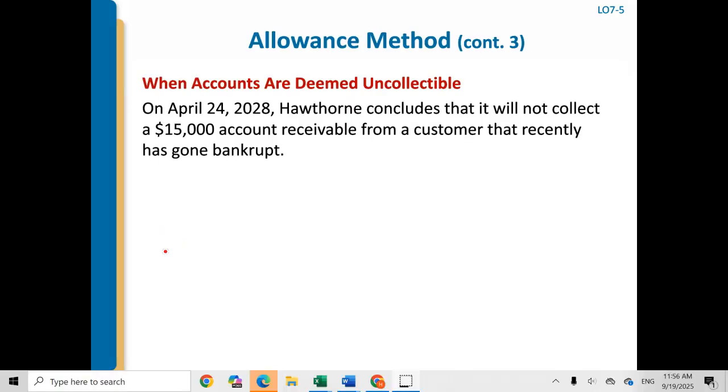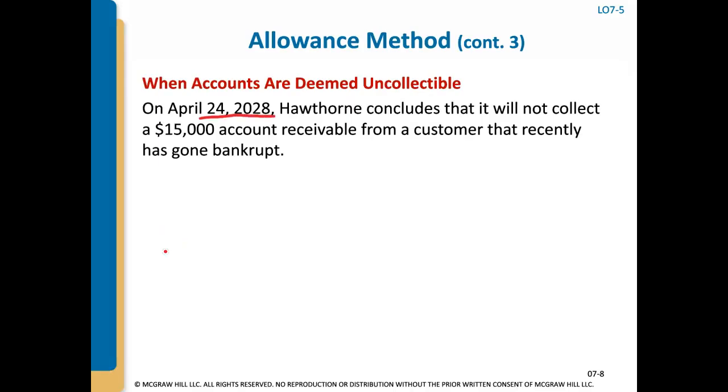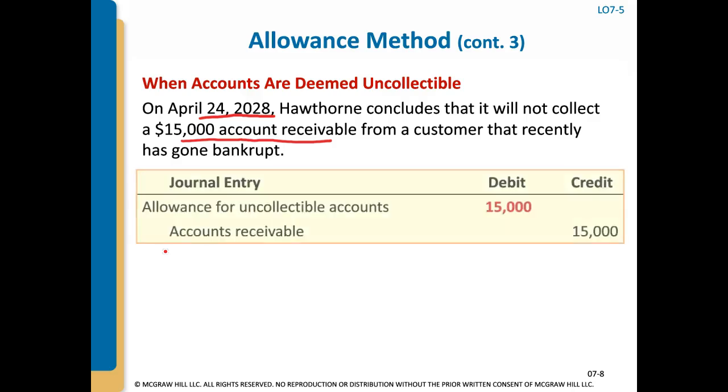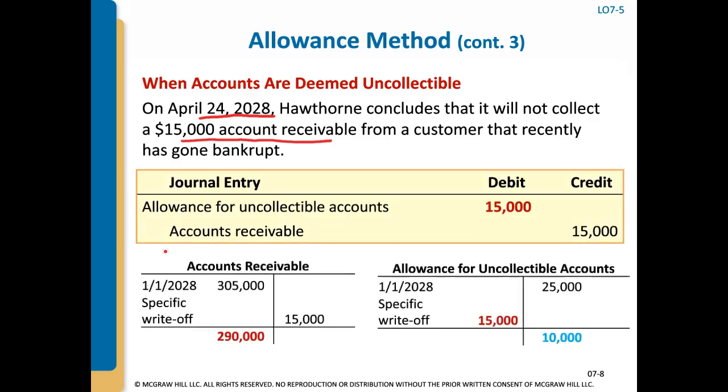So now roll forward to 2028. On April 24, 2028, Hawthorne concludes that it's not going to collect $15,000 of the accounts receivable from a customer that recently has gone bankrupt. Well, let's look at this. So we already booked allowance for uncollectible accounts for $25,000, right?